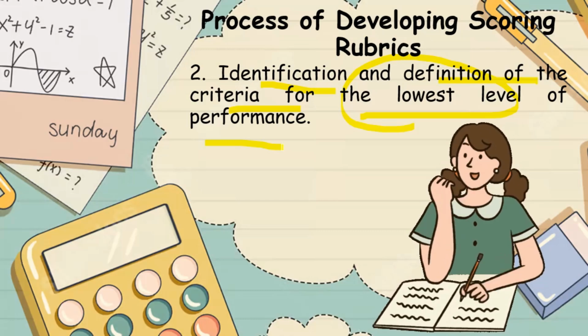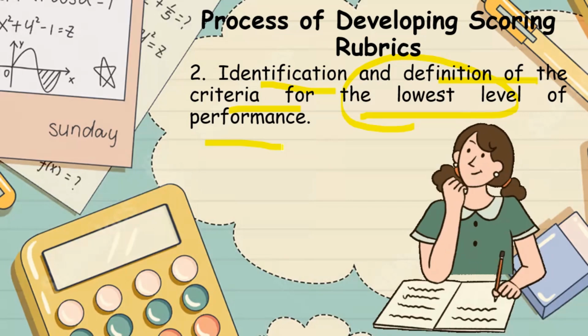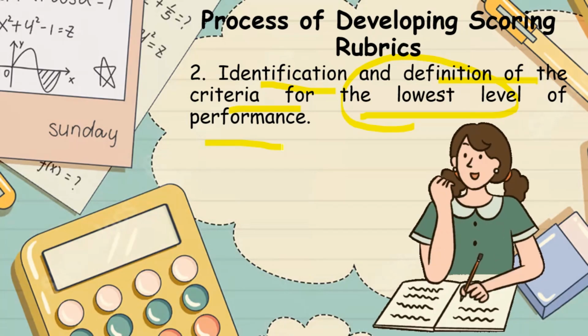So between the middle level of performance expectations and the worst level of performance, we can come up with a slightly below average performance criteria and so on. So this comparison process can be used until the desired number of score levels is reached or until no further distinctions can be made. So if meaningful distinctions between the score categories cannot be made, then additional score categories should not be created.